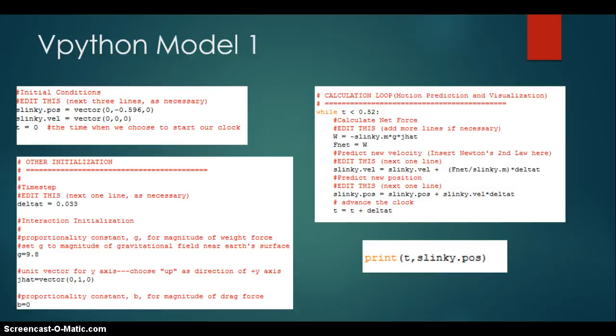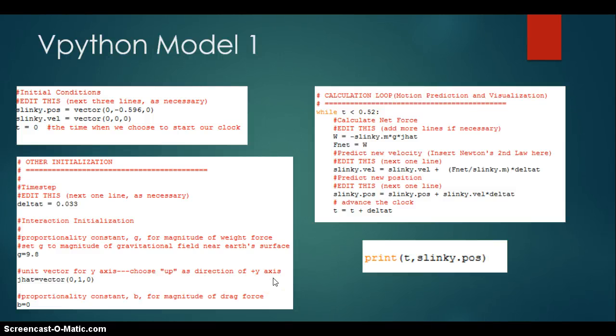The other initializations are that delta t equals 0.033 seconds, gravity equals 9.8 meters per second squared, and j hat, which is the unit vector used for modeling the gravitational and drag forces. Also, in this model, you can see right here that I put b equals 0, which is the proportionality constant for drag force.